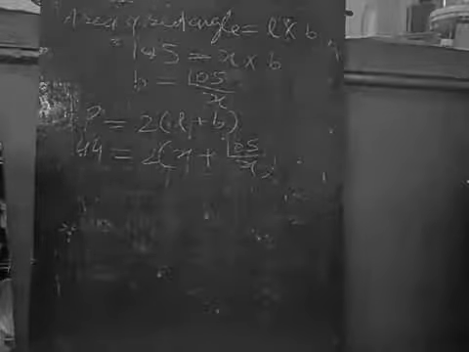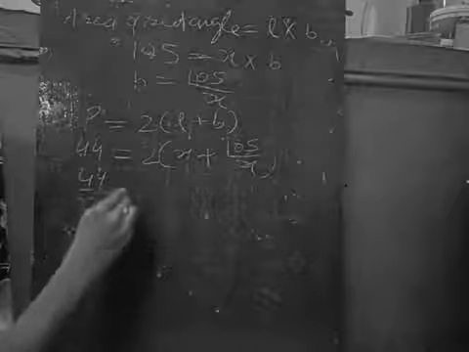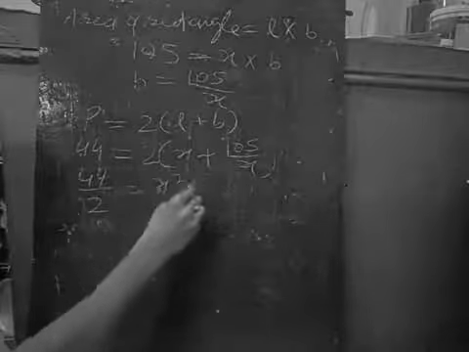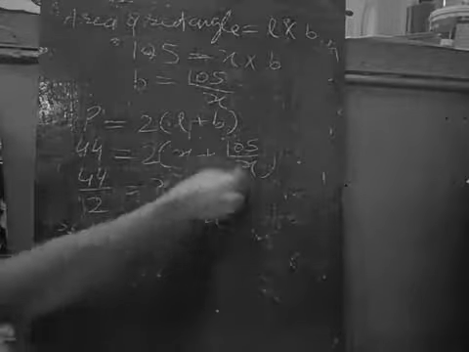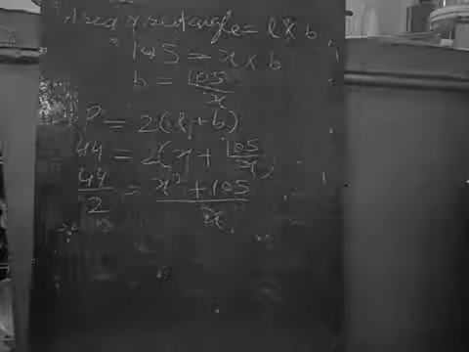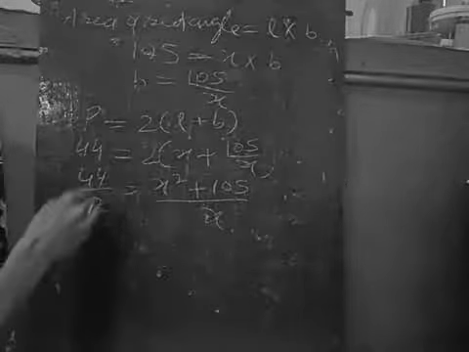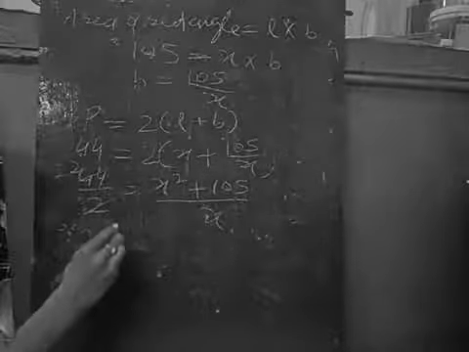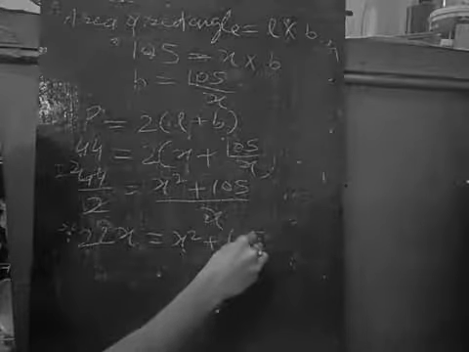So 44 upon 2, that is 22, equals x plus 105 upon x. Taking the LCM x, we get x square plus 105 upon x. Cross multiplying, 22x is equal to x square plus 105.